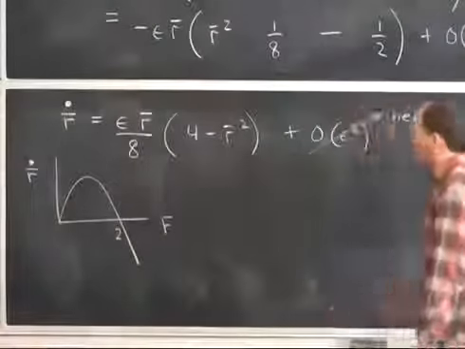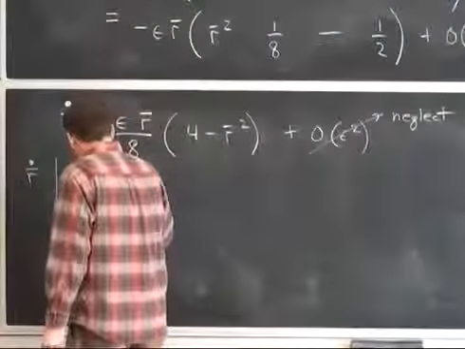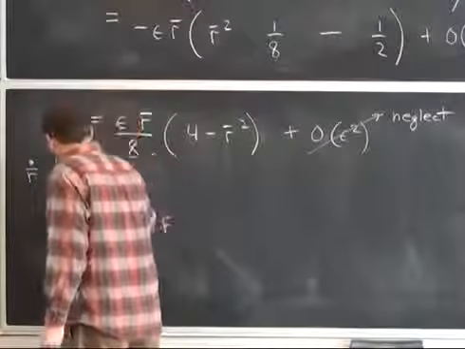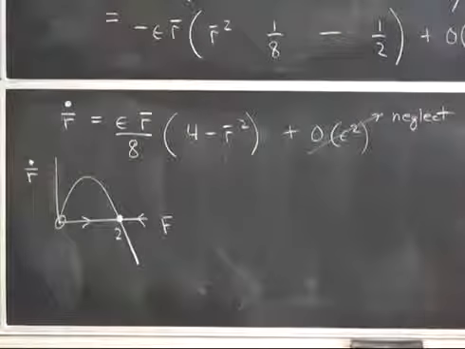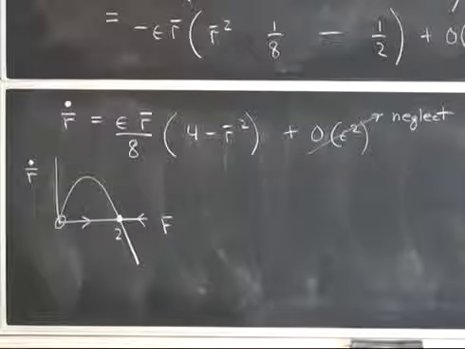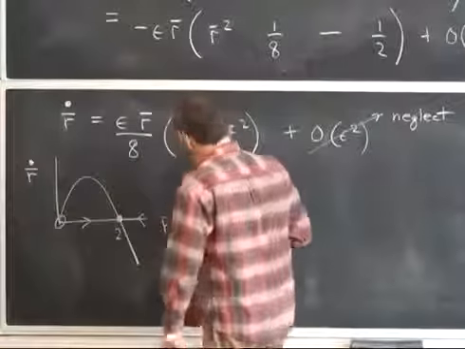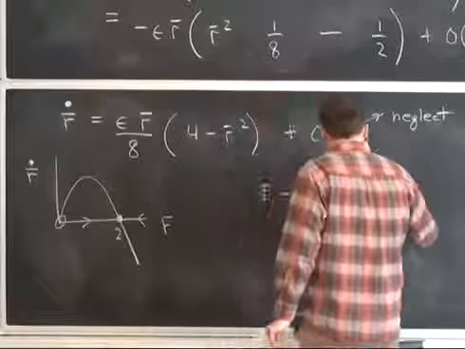For r bar, and of course we're flowing to the right here and we're flowing to the left here, and this is a stable fixed point. There's an unstable fixed point at r bar equals 0. So what it's telling us is that the origin, which remember means zero amplitude oscillation, is unstable, and the system approaches r bar equals 2 as t goes to infinity.